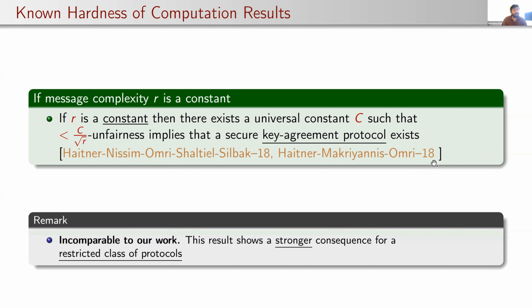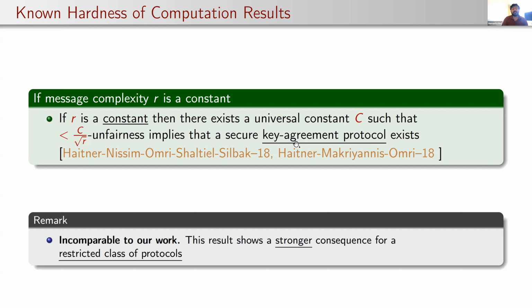Recently, just a couple of years ago, Haitner and others proved the following amazing result. They showed that if R is a constant, then there is a universal constant C such that if a coin tossing protocol is less than C by square root R unfair, then it implies key agreement protocols. I want to highlight that key agreement is a more complex primitive than one-way functions. The existence of key agreement protocols implies one-way functions.